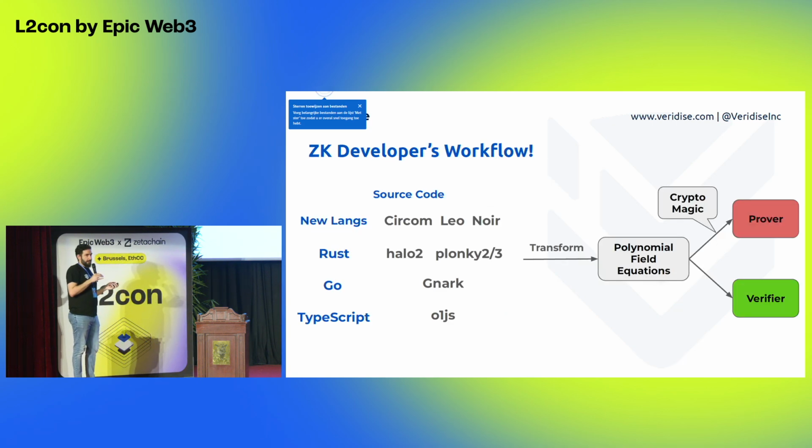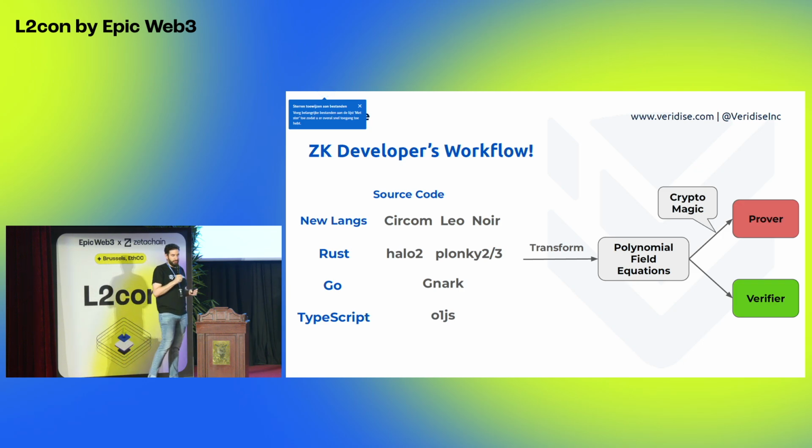Next, let's see how ZK developers build applications these days. It used to be the case that you had to be a cryptographer. Luckily for us, now there are several ZK frameworks and languages that come in a wide range of either DSLs or libraries hosted in a general purpose language.